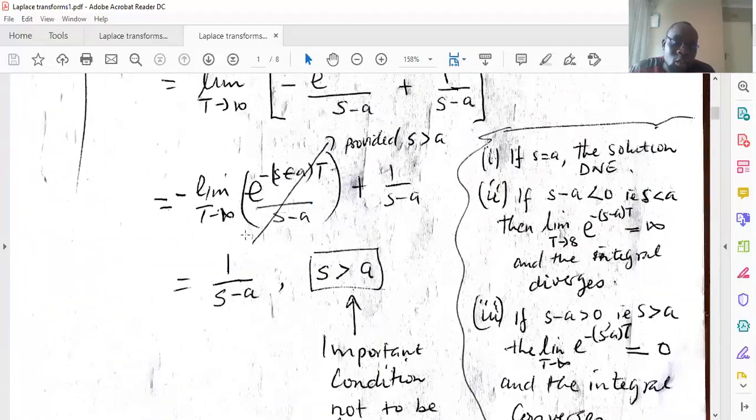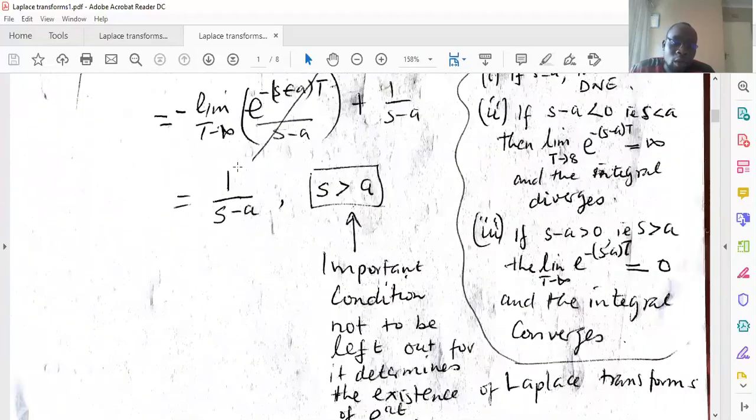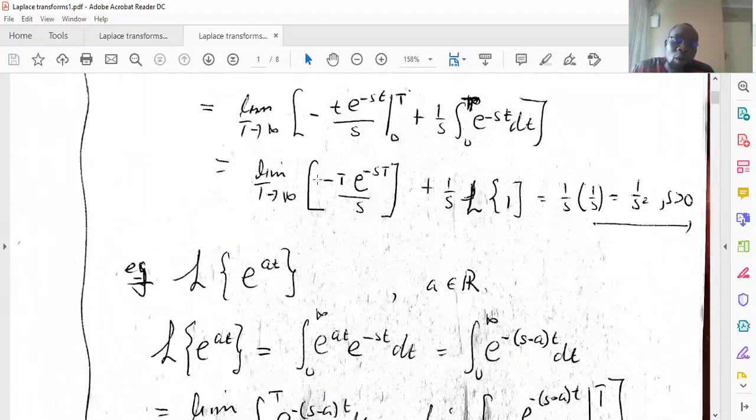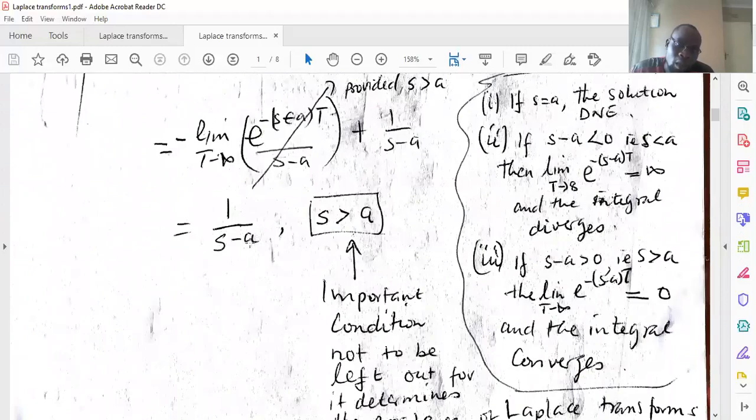So you can see the Laplace transform of e to the power at is just 1 over s minus a. If a is negative, say minus 1, we just come here and replace a with minus 1, then we have 1 over s plus 1, provided that s is greater than minus 1.